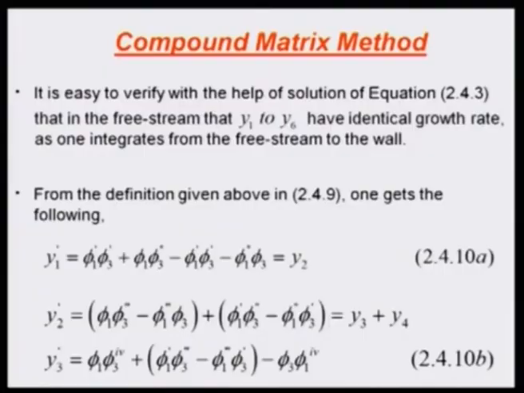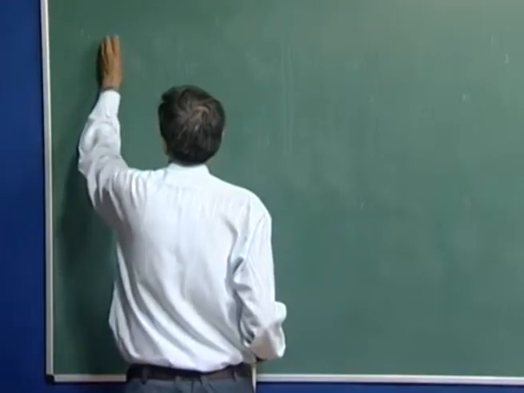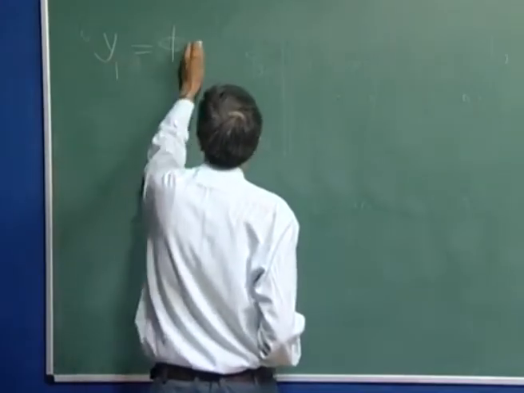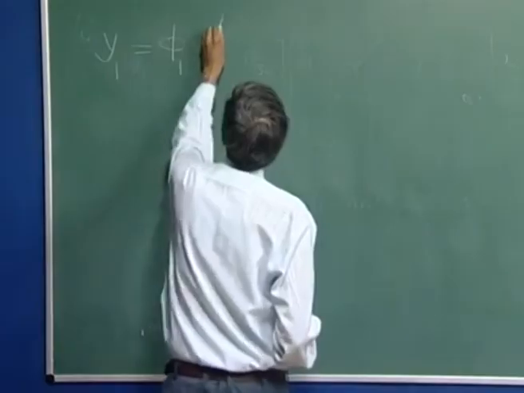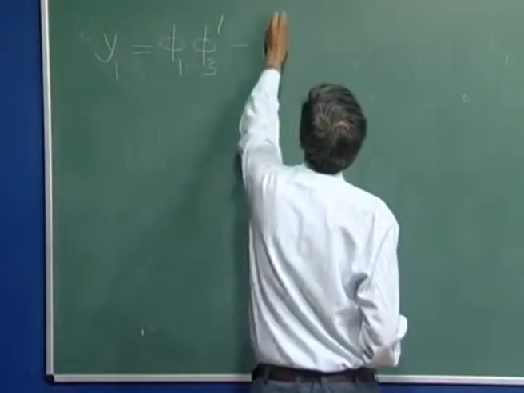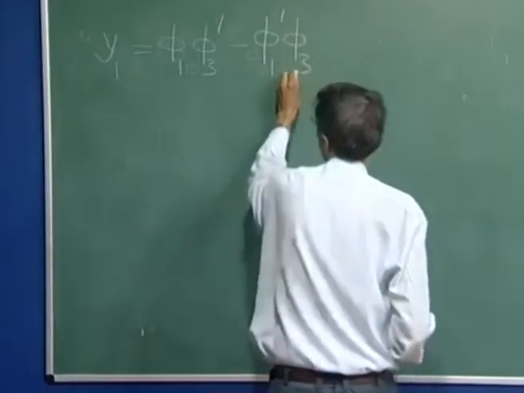So, we defined y 1 as phi 1 phi 3 prime minus phi 1 prime phi 3.